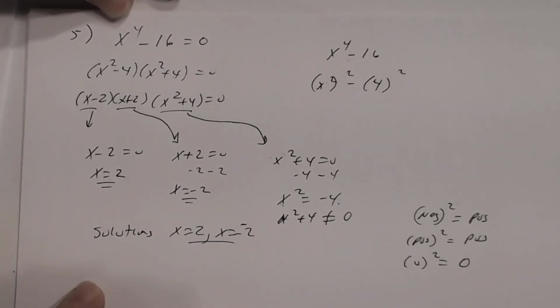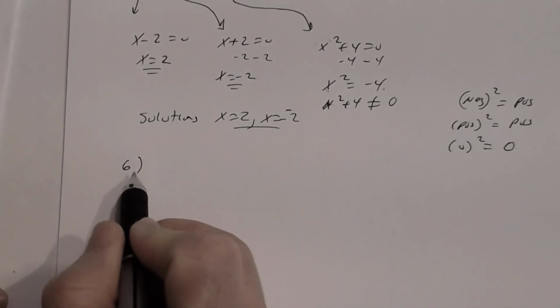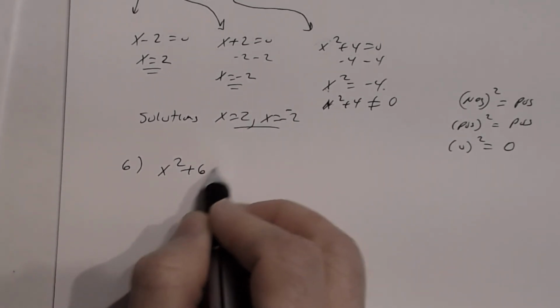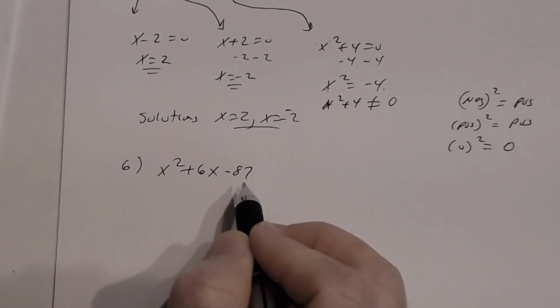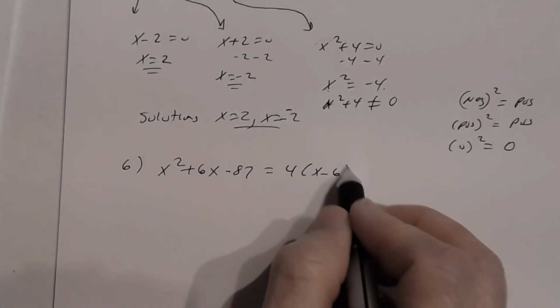Okay? All right, number 6. So let's do number 6. In number 6, I have x squared plus 6x minus 87, and that's going to equal 4 times x minus 6.